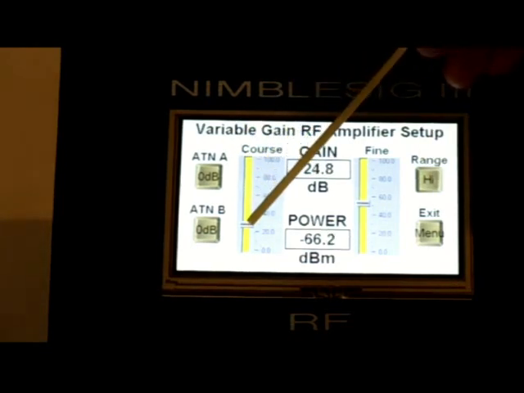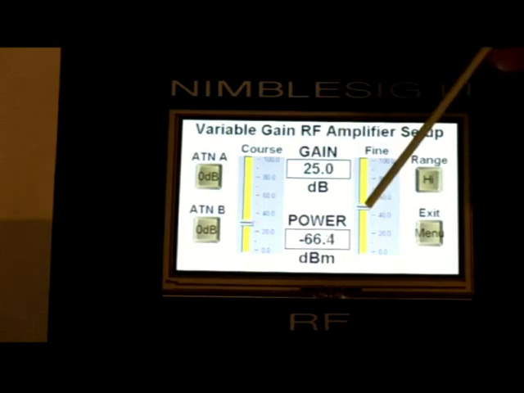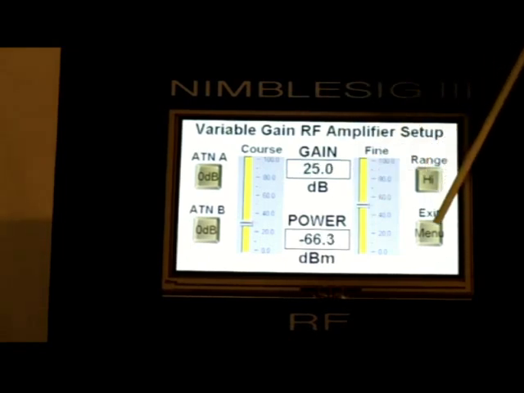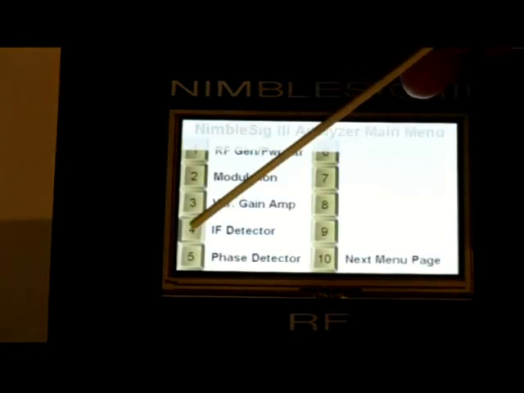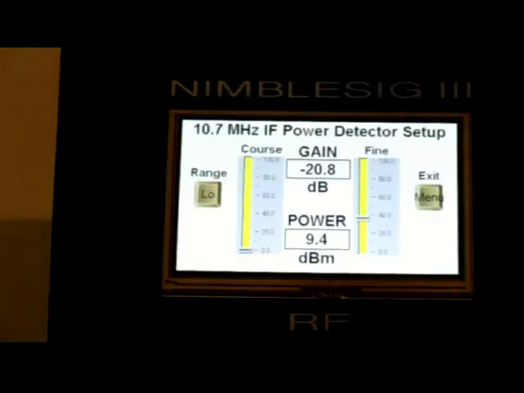We'll get it down to about 25, do a fine adjustment, then we'll go back to the menu and go back to the IF detector and see what happened. And we thought we might get up to +10, and it seems that we got up to +9.4. I imagine we're driving the mixer pretty hard right now, and it's probably near saturation.